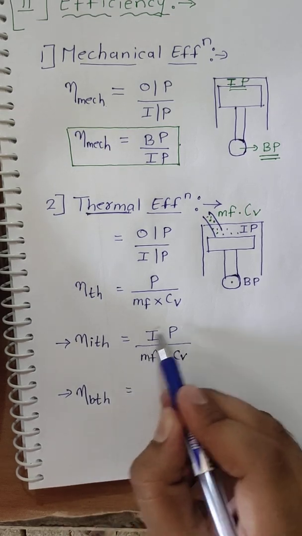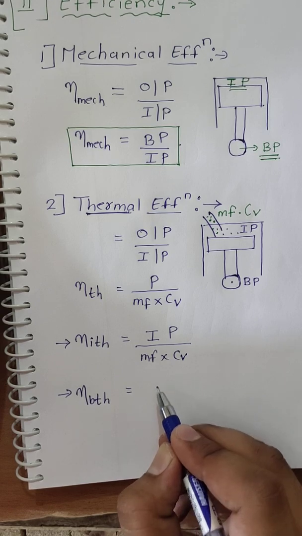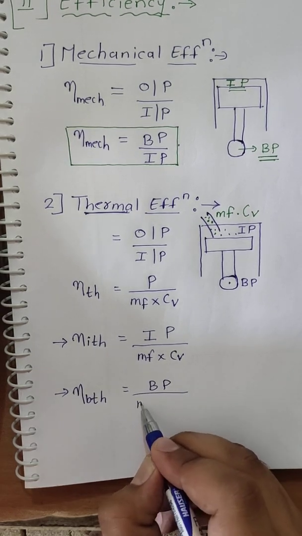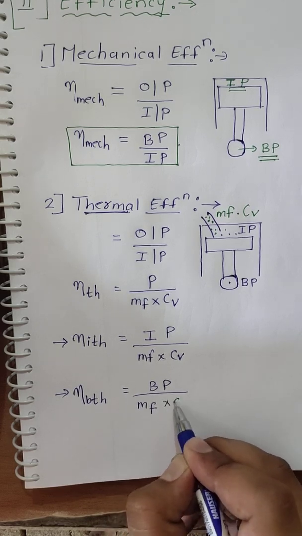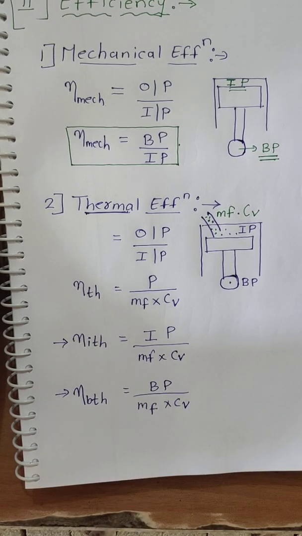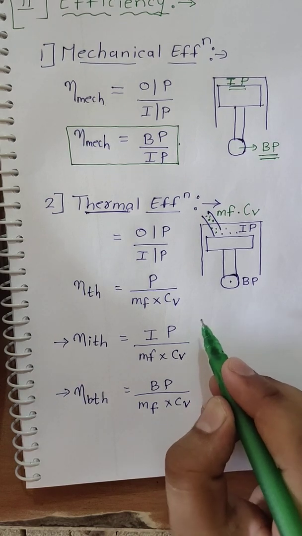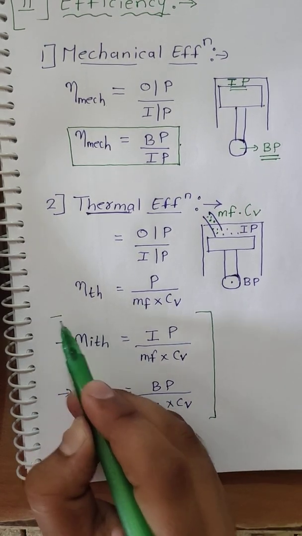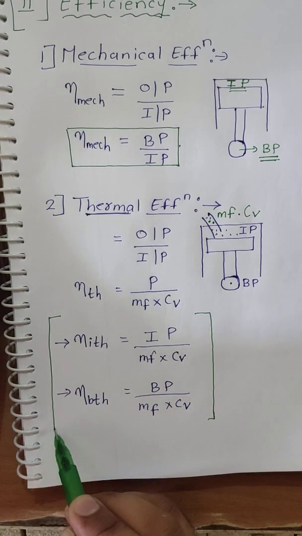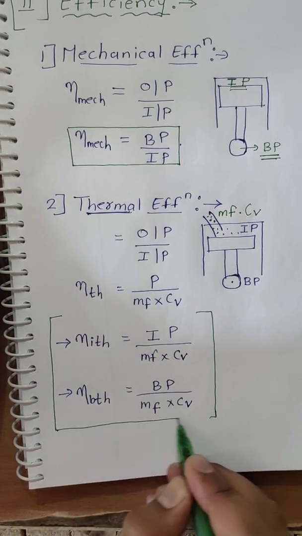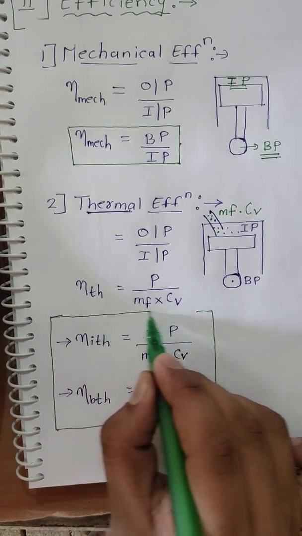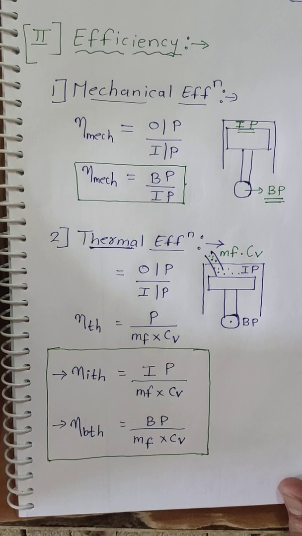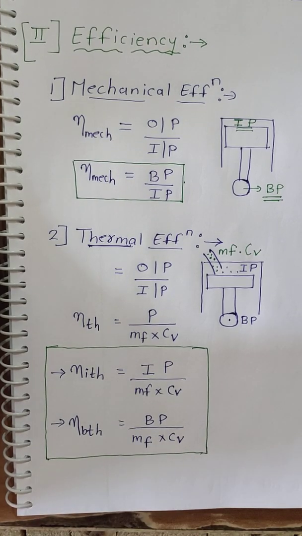In place of indicated power I will replace it by brake power. So it is brake power upon mass of fuel into CV. These are my two formulae related to thermal efficiency. I hope these two efficiencies are clear. Good.